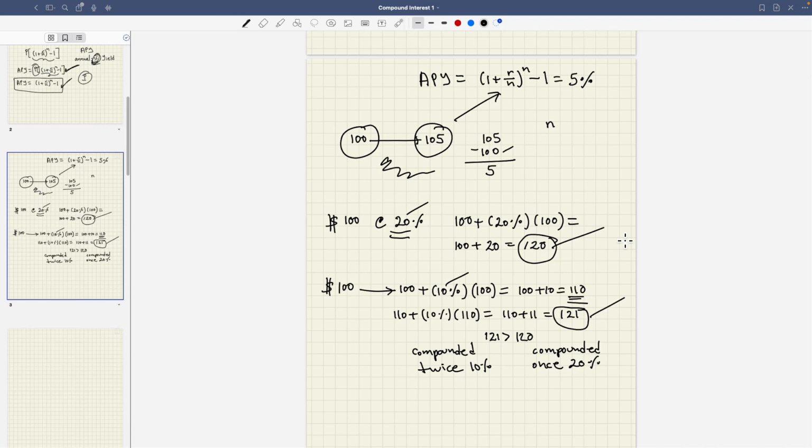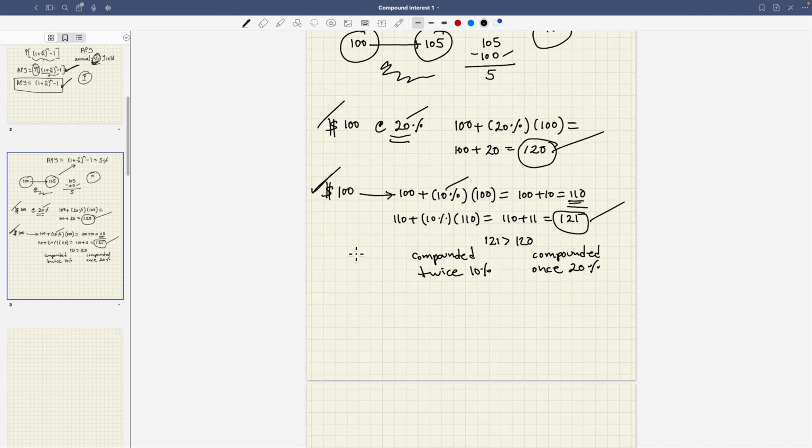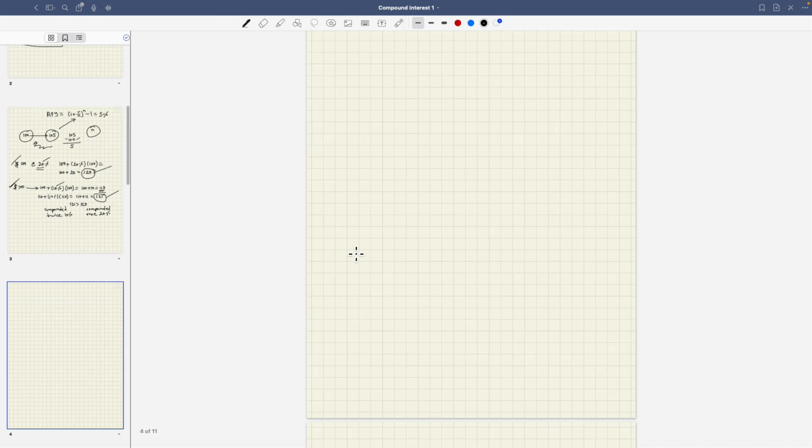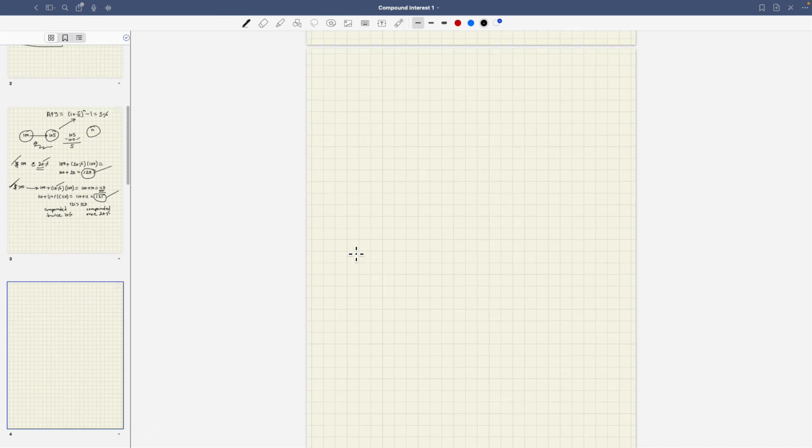So anyways, let's go back to the APY again. So this little n in this example right here represents the annual interest 20%, and in this example it's 10% compounded twice. Here, let's go to the next page. Let me show you what's going on here.